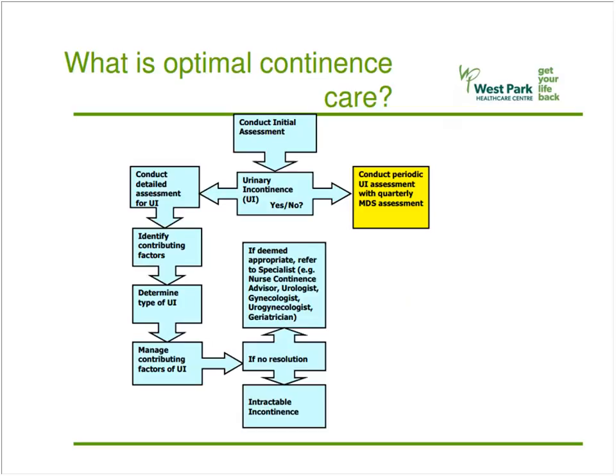It will also lead you to identify the type of urinary incontinence, and then to look at the contributing factors that are modifiable in terms of then a plan of care for conservative behavioral interventions that can significantly improve the patient's continence status.